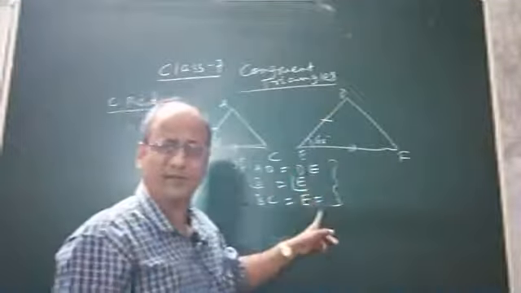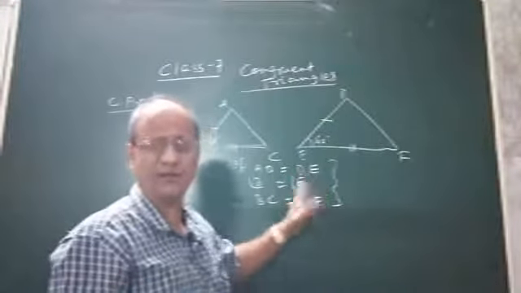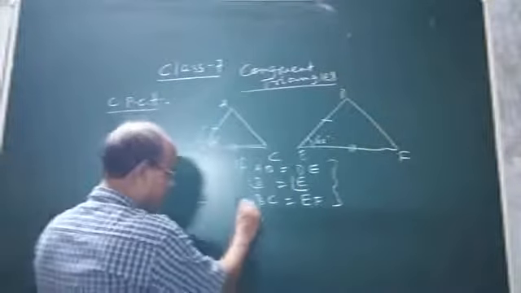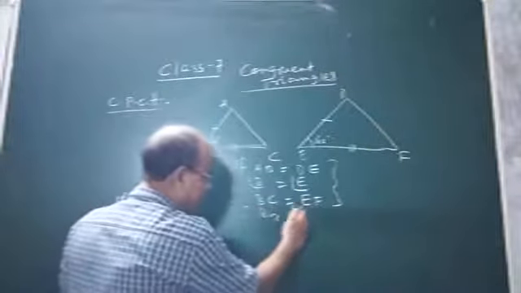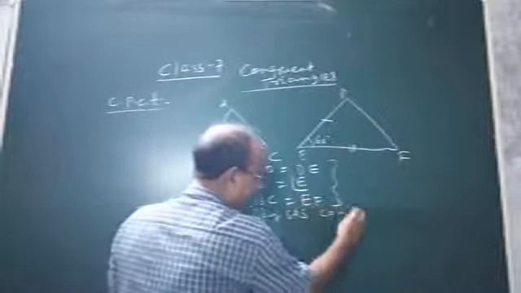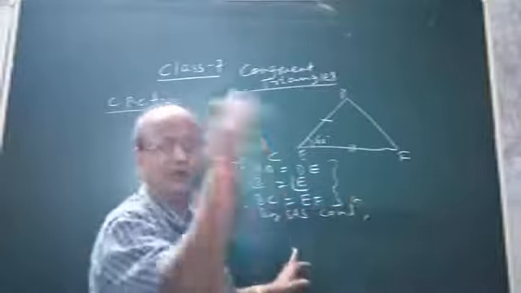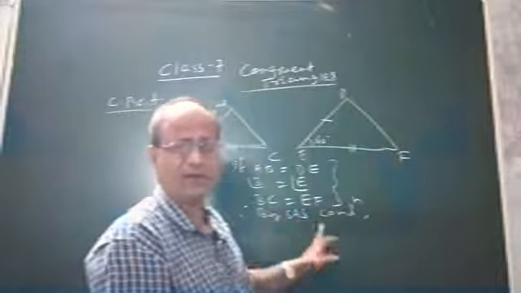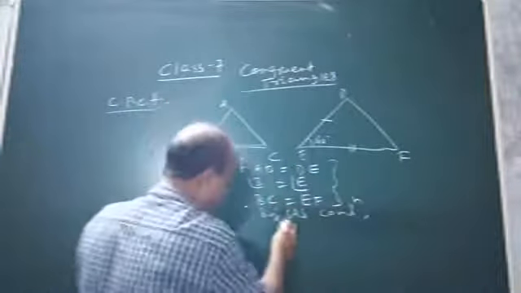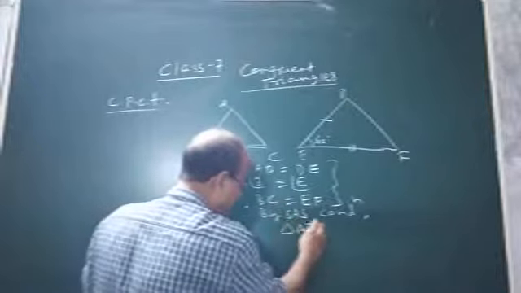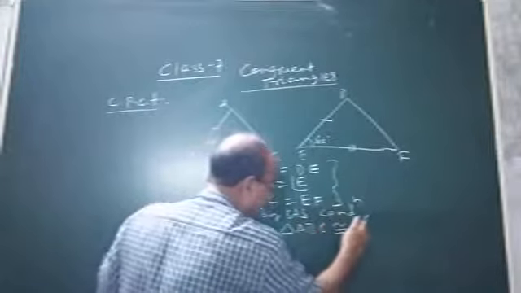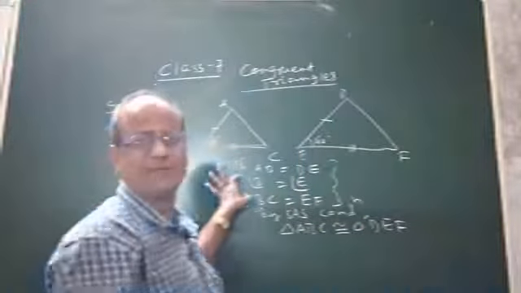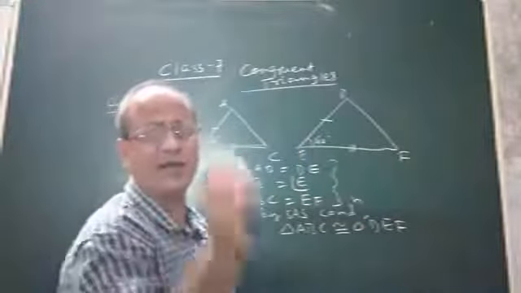If all these matching parts are equal, then it satisfies the SAS congruence condition. Therefore, by the side angle side condition, we conclude that triangle ABC will be congruent to triangle DEF, because these three matching parts satisfy the side angle side congruence criterion.